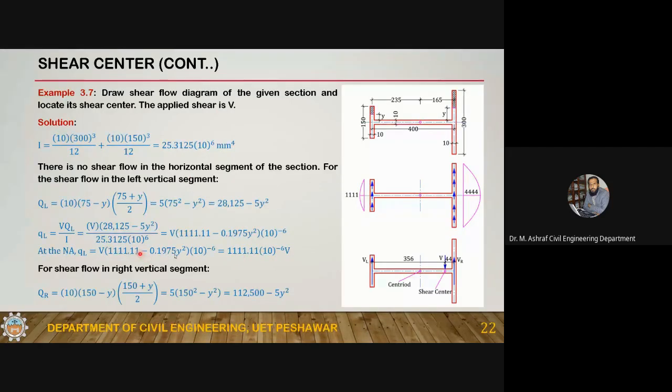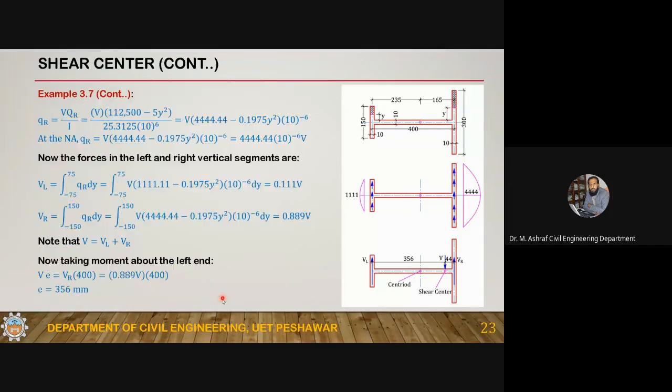Now the shear flow for the right segment. Similarly, you can take a segment, find the first moment of area, and then calculate the shear flow in the right segment. At the neutral axis this is 4444 into 10 to the power minus 6 V. This is the shear flow variation diagram for the right segment.